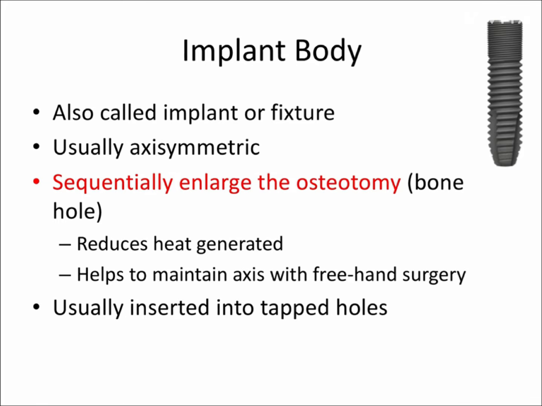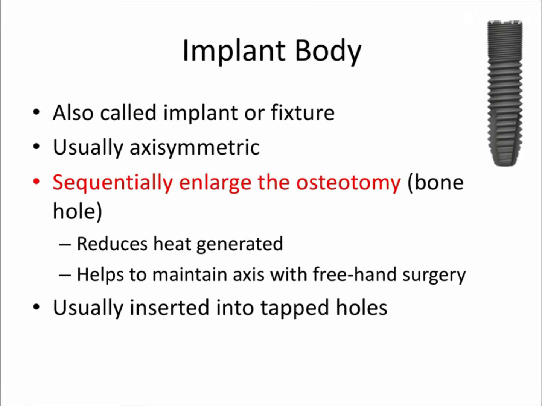Now, of course, you have radiographs, or better yet, a cone beam CT image, basically a three-dimensional X-ray, so you know how wide the bone is, how deep the bone is, and you know what angulation to place that implant at. But being able to check the hole at each step, you can check how you're doing with your angulation.